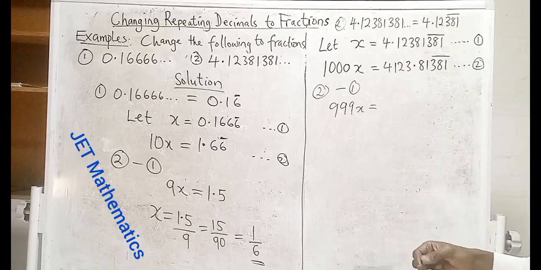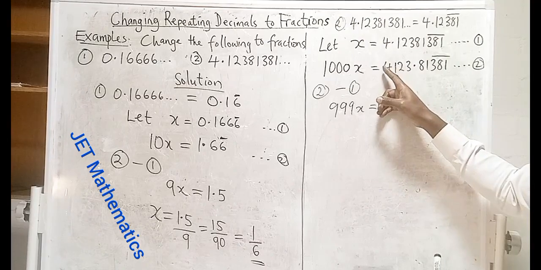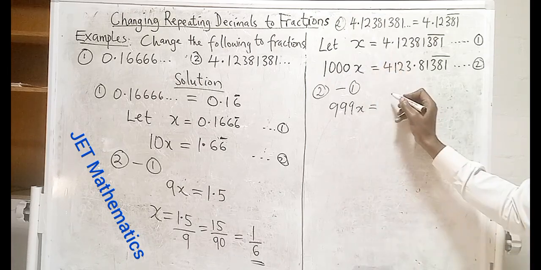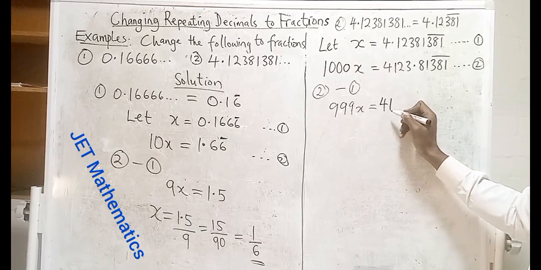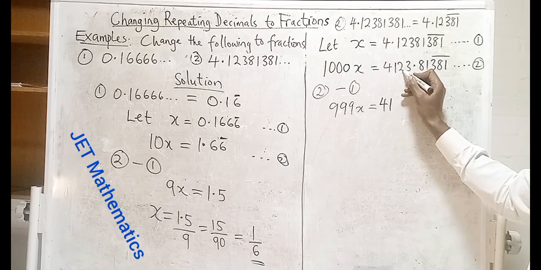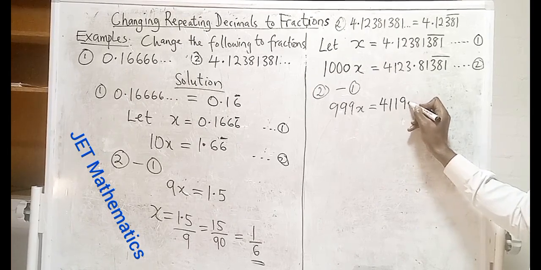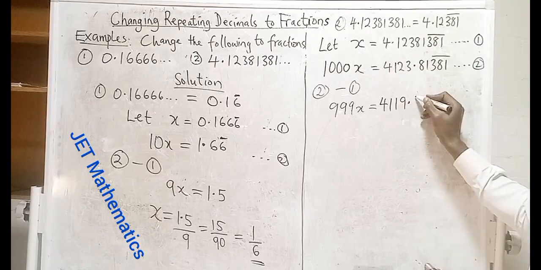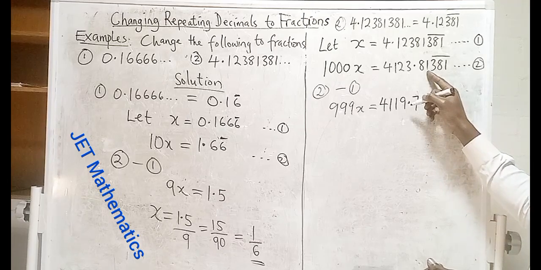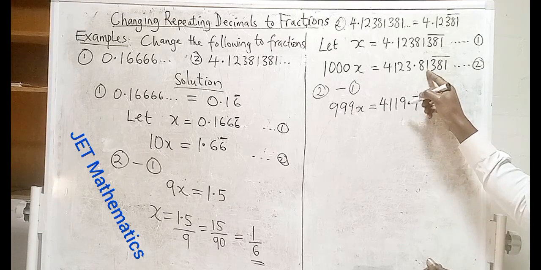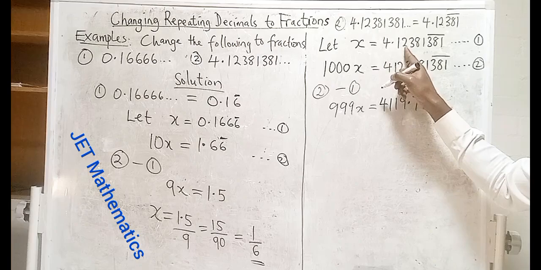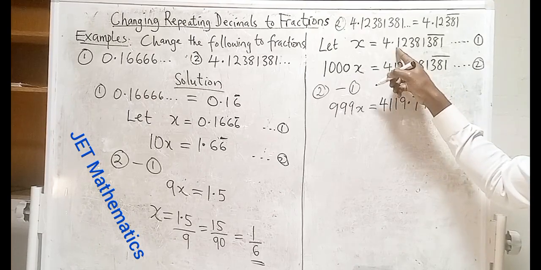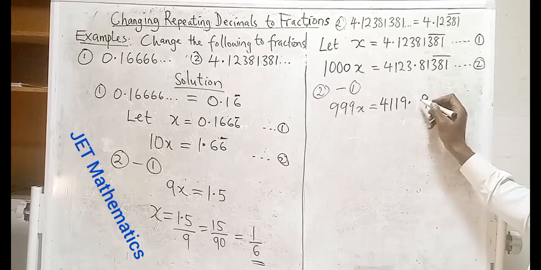Let's go gradually. This minus this is 4, 1, and then I think another 1, 9 point, then 8 minus 1 is 7. Then 1 minus 2 will not go, so 11 minus 2 is 9, then 7 minus 1 is 6.